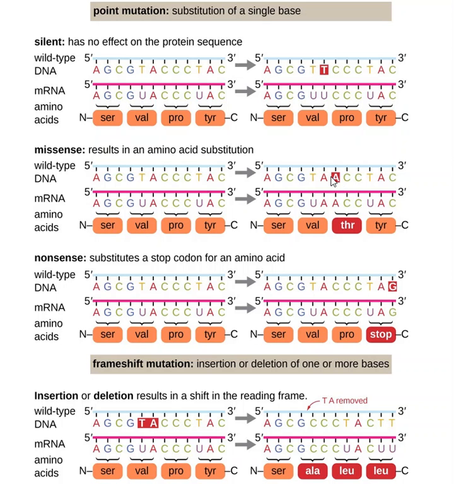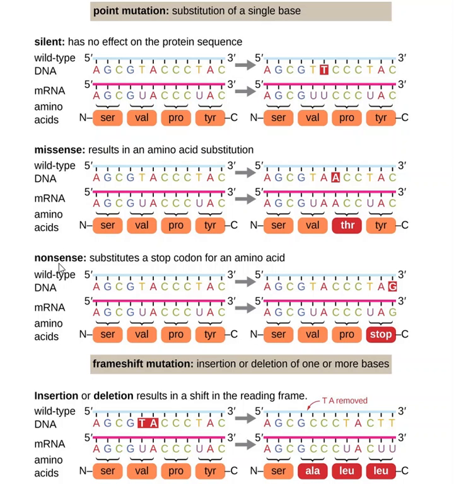Well, you can see that in this particular codon, instead of having CCC, which designates proline, there would now be ACC. And if you look up this codon on the table of the genetic code, the associated amino acid is threonine. So the sequence of amino acids has been changed. That means it's a missense mutation.